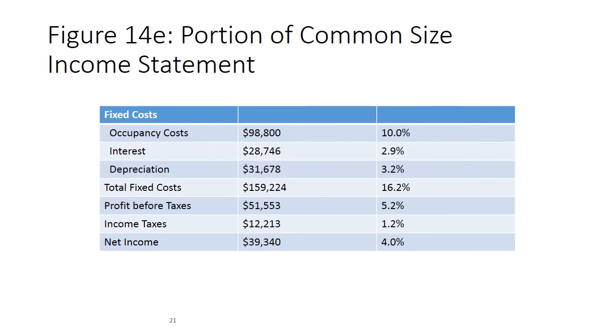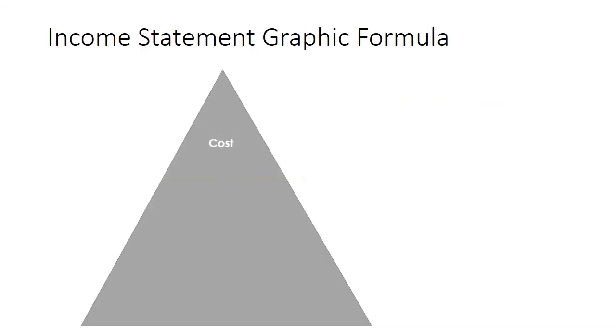So depending on the tax brackets and the specific tax laws, they're going to vary a little bit, but this has 1.2% of our revenue being paid out in taxes. So our net income at this point, after we take out the taxes, is 4% or $39,340.